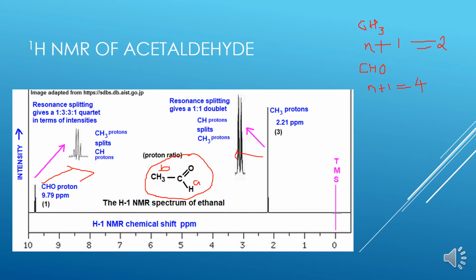As far as the aldehyde proton is concerned, there will be 4 peaks, and the splitting gives a 1 to 3 to 3 to 1 quartet in terms of intensity. This is about the proton NMR of acetaldehyde.